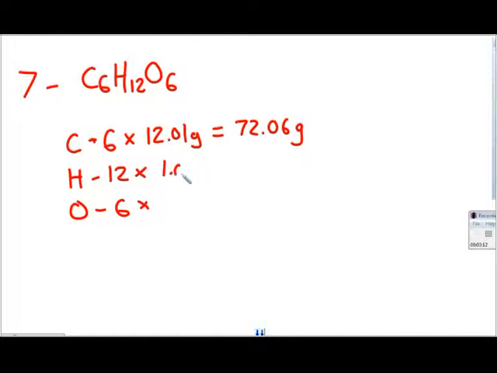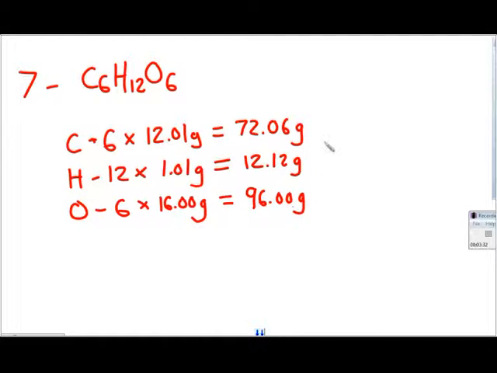Hydrogen, I have 12 of them. Each mole is 1.01 grams. So 12 times that is equal to 12.12 grams. Oxygen, an even 16 grams per mole. I have 6 moles. So 6 times 16 is 96 grams.